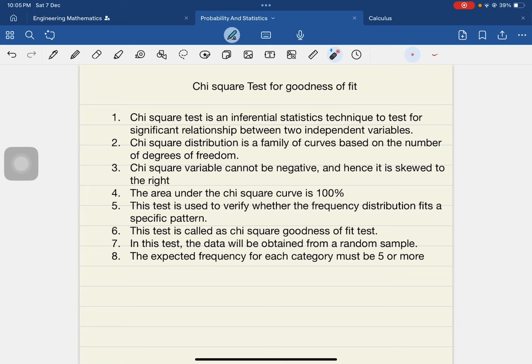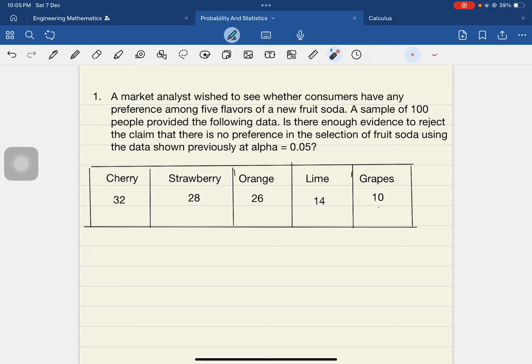Let us now start a problem to understand how to use the chi-square test. But first, what is the formula for chi-square?